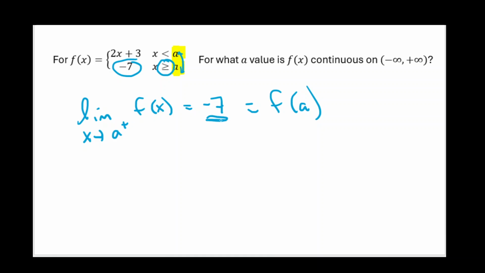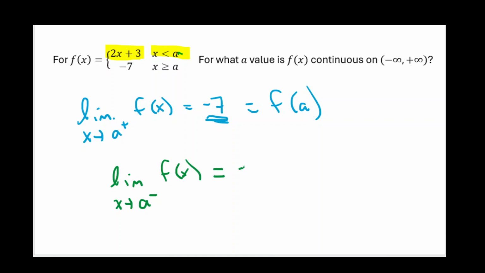So the output at a following the right-hand limit and the function is -7. Now what that means is that I need the left-hand limit to agree. So I need the left-hand limit at a to also be equal to -7. So let me write that algebraically. I need the left-hand limit to also be equal to -7 in order for continuity to exist.